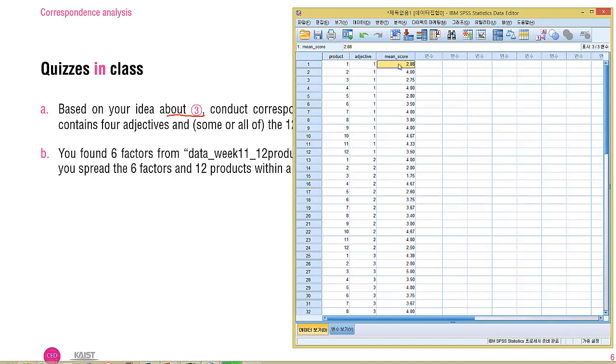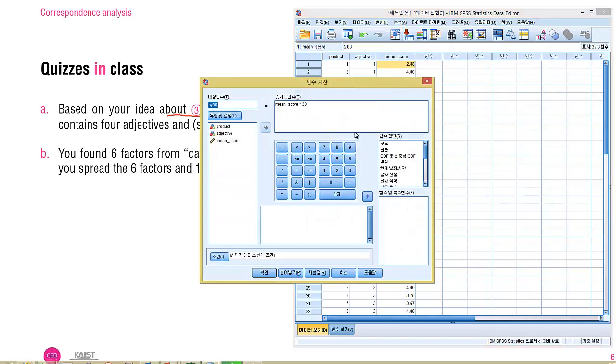So here, instead of the mean score, let me create one more variable by computing this. So I would name this as by multiply by 30, and that will be calculated through this. So I'm multiplying mean score by 30.